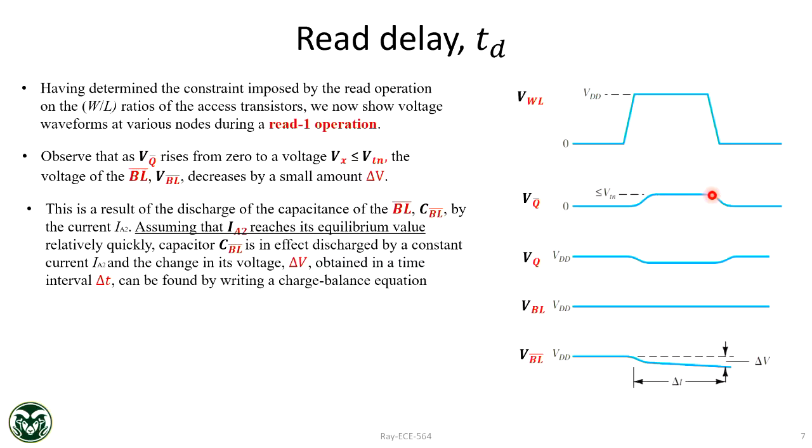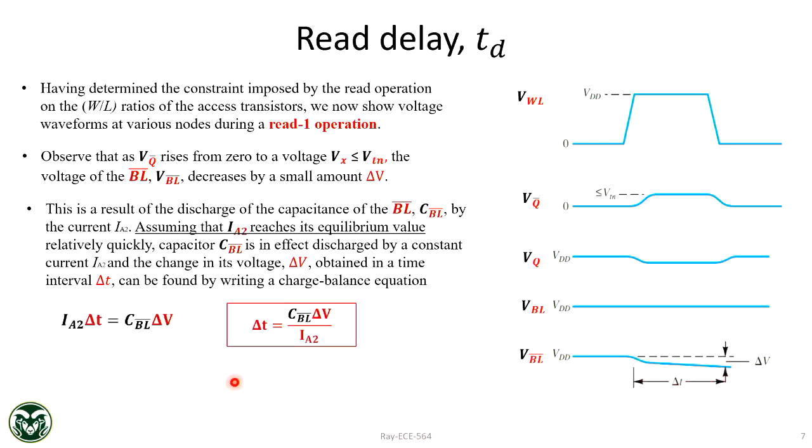So we'll make this assumption that A2 is operating at the equilibrium point. Equilibrium point means VQ is equal to Vx, whatever value that is. With that, what is the time to discharge this capacitor?